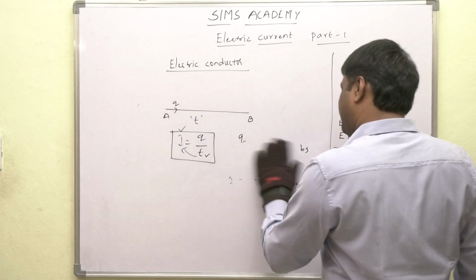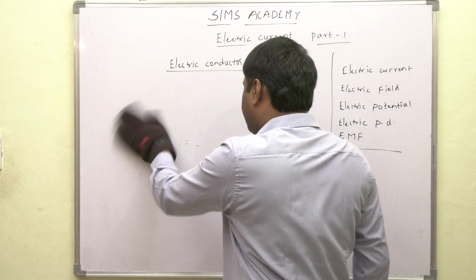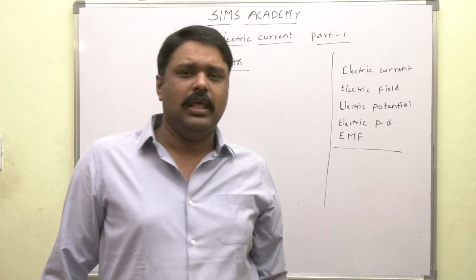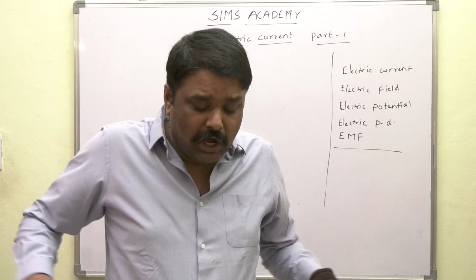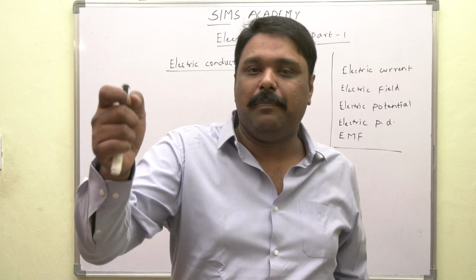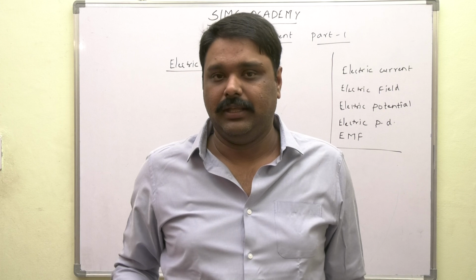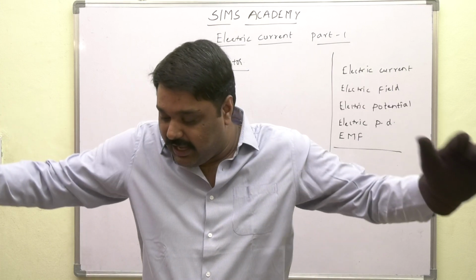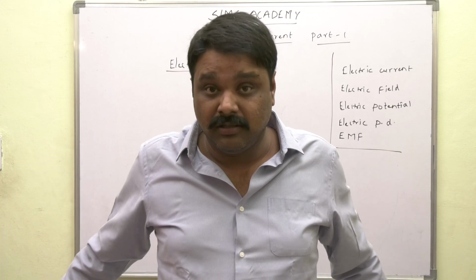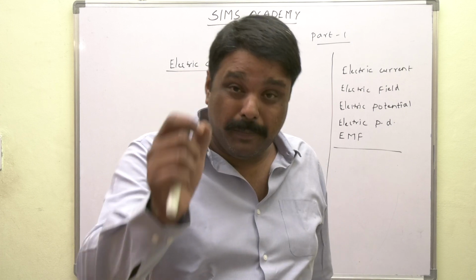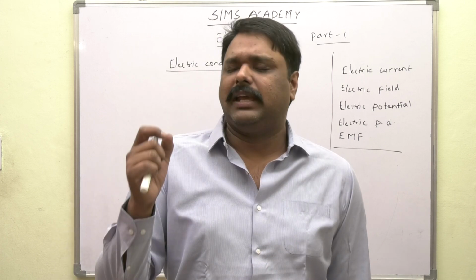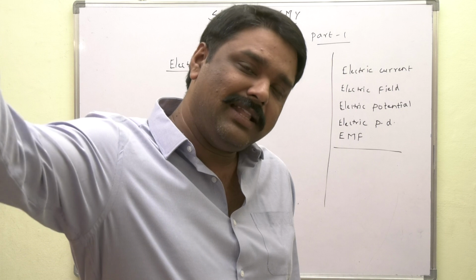What is electric field? Likewise, in the case of magnetism, in the surrounding area of a magnet, it can attract or repel another magnet. That means up to a certain radius, a certain space or region, a pole can show its influence. It can either repel or attract another magnetic pole.